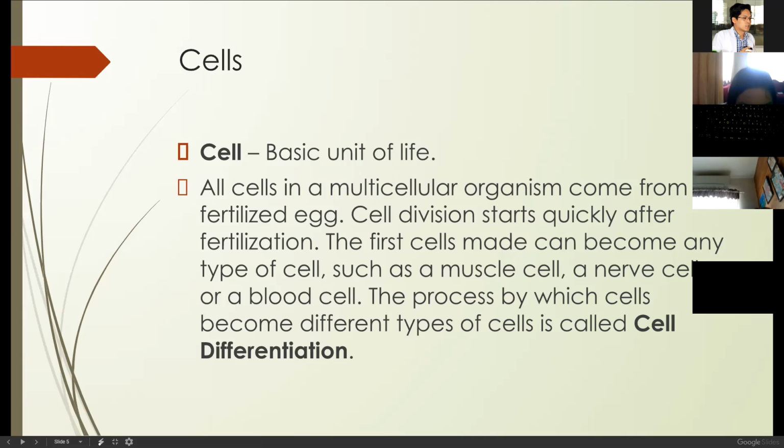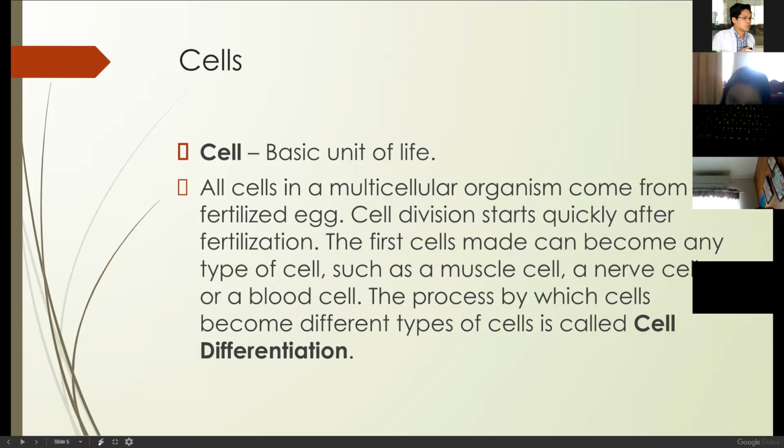Please take note. Again, the process by which cells become different types of cells is called cell differentiation. One good example is the zygote. The zygote is a single cell, a fertilized egg actually, but it is not just a cell.